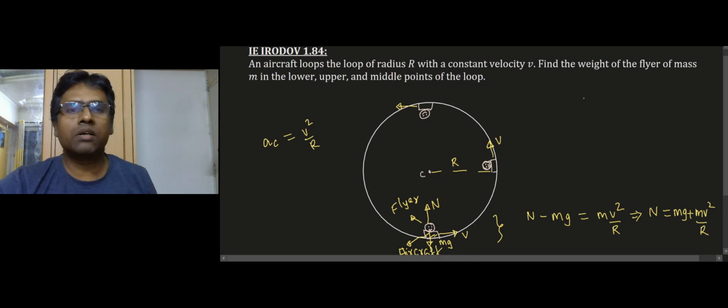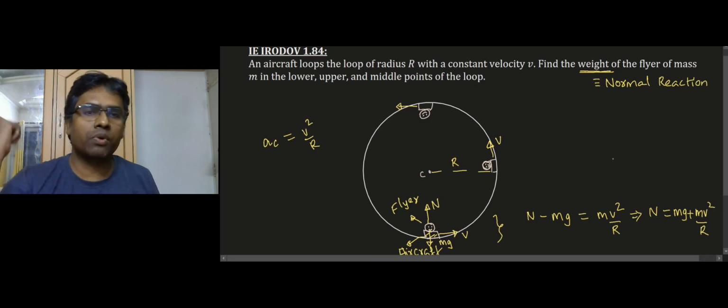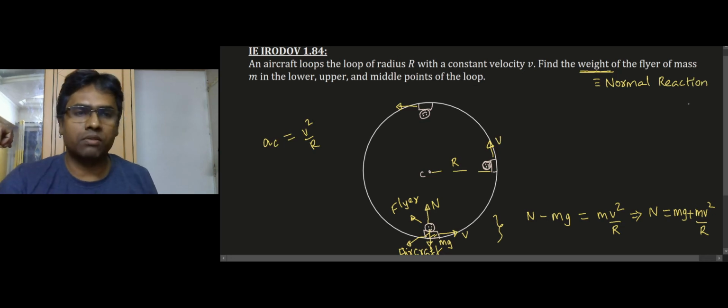Now, whenever you are asked a question on weight of a person, we usually take the normal reaction as the apparent weight of the person. Okay, so instead of a seat, let's say a person were standing on a weighing machine, the weighing machine would provide the normal reaction. Okay, so the normal reaction is considered the apparent weight or just weight.